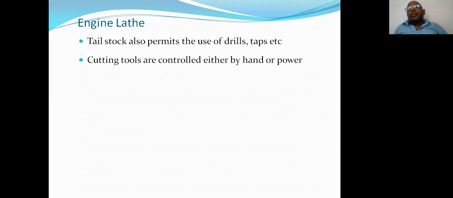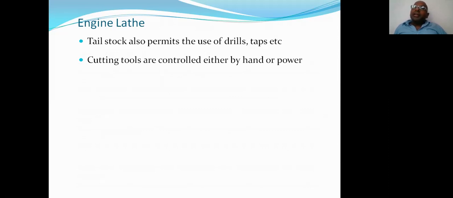In that condition, instead of using a drilling machine after completion of the operations on the lathe, the required size of hole is provided by placing a drill of suitable size within the tailstock dead center. So for that purpose, the dead center is removed.